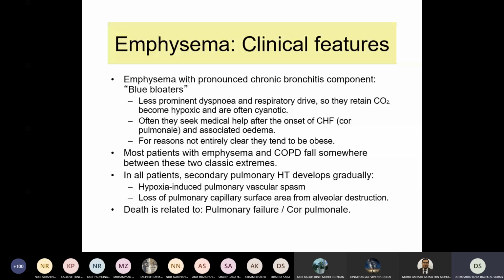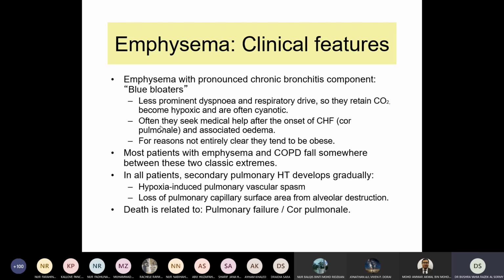In this case, the patient develops pulmonary hypertension and cor pulmonale. Cor pulmonale means that the patient has congestive heart failure due to right-sided heart failure, due to the pulmonary hypertension.